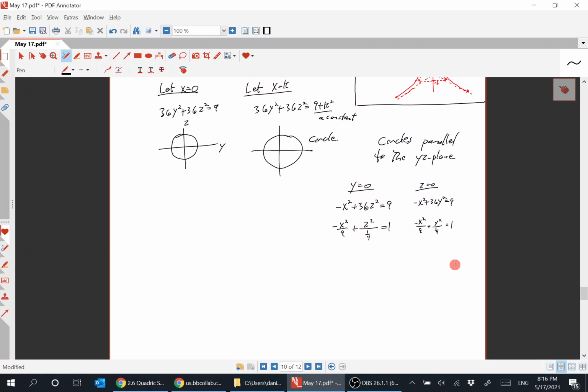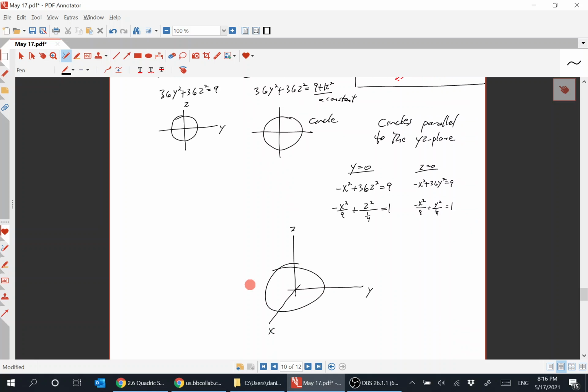So now that allows me to draw this surface, this quadratic surface, and it's going to be a hyperboloid of one sheet. So x, y, z. The circles or ellipses are parallel to the yz plane, and then I've got these hyperbolas opening up along the y-axis and the z-axis. Let's see, a hyperbola in the xy plane opening up along the y-axis, just something like that.